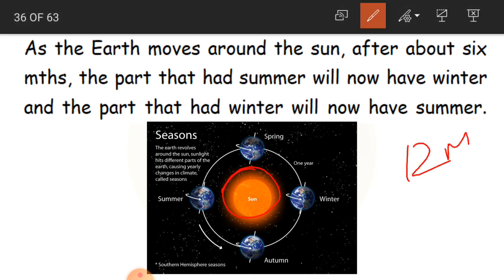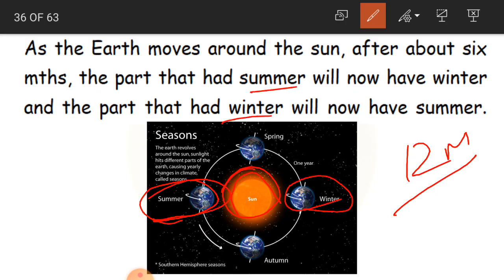And in these 12 months, as the earth moves around the sun, after about 6 months, that is the half time, the part which was having summer here will be having winter, and the part that is having winter will now have summer. Okay children, so half of 12 months, what is the half? 6 months.